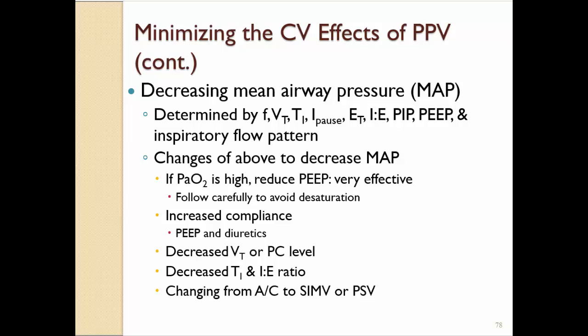Decrease the tidal volume or the pressure control level. Decrease the I time so that the pressure stays at baseline longer. So you're at peak pressure for less time and you're at baseline longer. That certainly decreases the mean airway pressure. And then another change is from assist control to SIMV or pressure support if the patient can tolerate it.